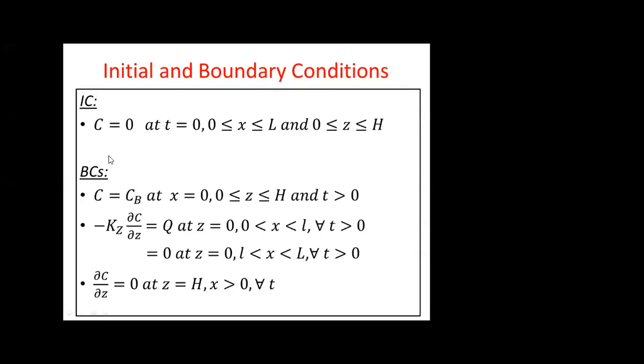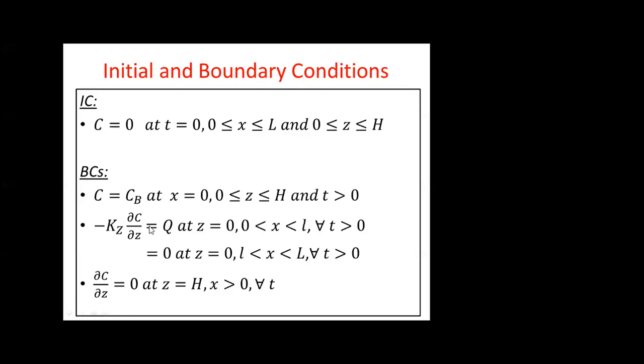Now, for the boundary condition in x, one is more than enough because we have a first order derivative. In the z direction, it is second order, so we need two boundary conditions. That's the consistency of a partial differential equation.